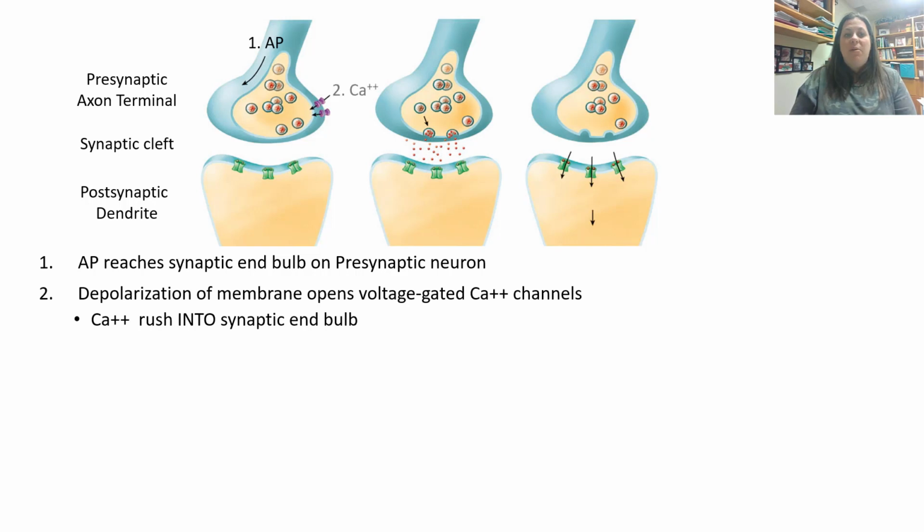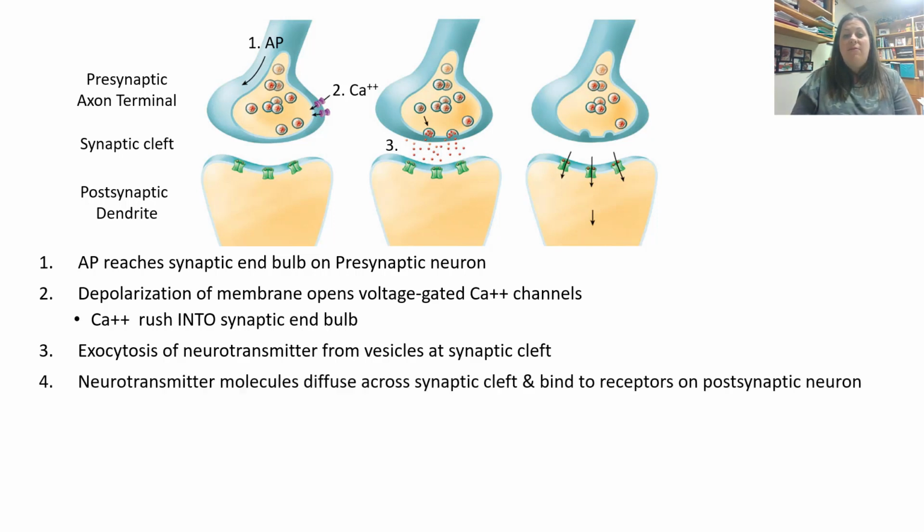Step two is depolarization of the membrane, which causes an opening of voltage-gated calcium channels. Calcium rushes in, and this allows for the exocytosis of the neurotransmitter. This exocytosis then allows the neurotransmitter to diffuse across the synaptic cleft.